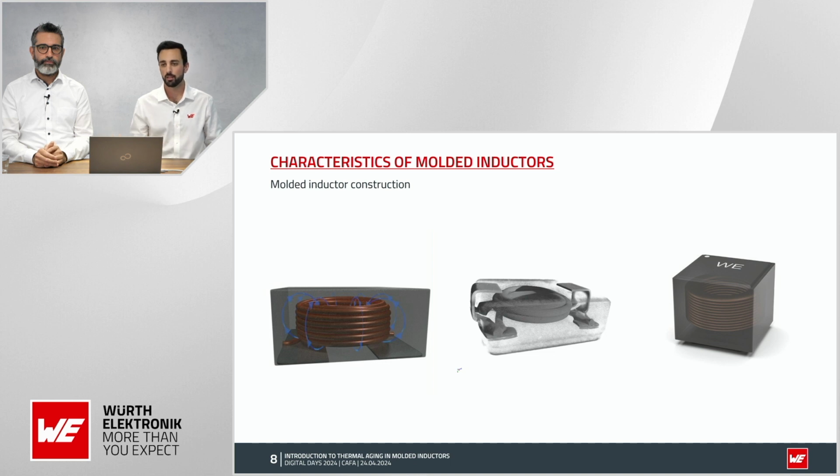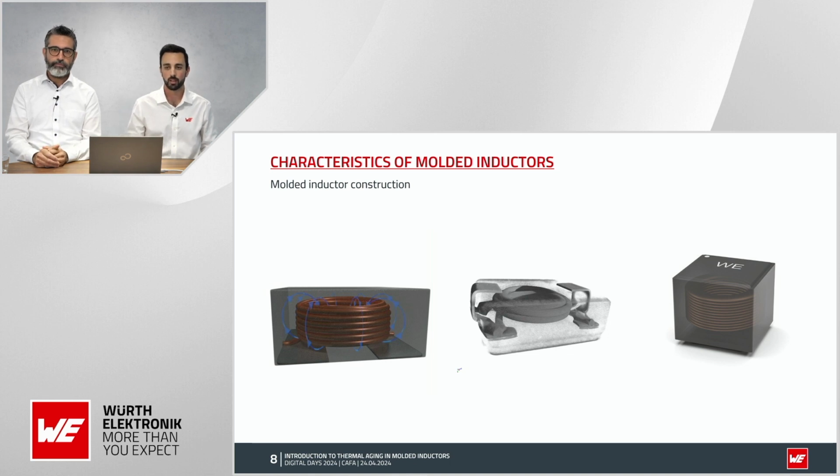On the right-hand side, just to finish, we have an example of a flat wire inductor that is also possible to make with this molded inductor construction, and the wire will come out at the bottom of the part to form the terminal. What is important, compared to a ferrite, we saw in the previous slide that the saturation behavior will be better in a molded inductor.